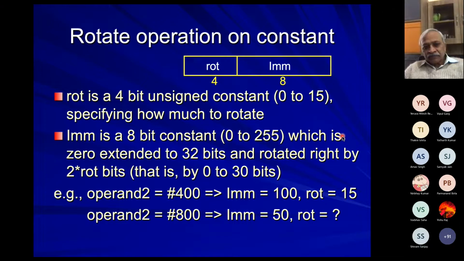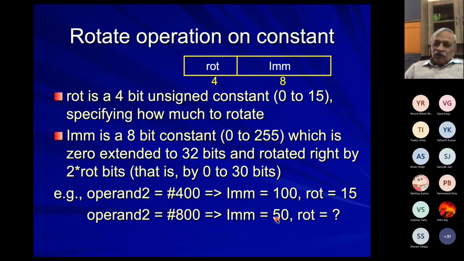Like we'll specify 50, and then in rotate we would have, I think, 8. No, not 8. 40. You want to take 50 in the immediate field and multiply it basically by 16.